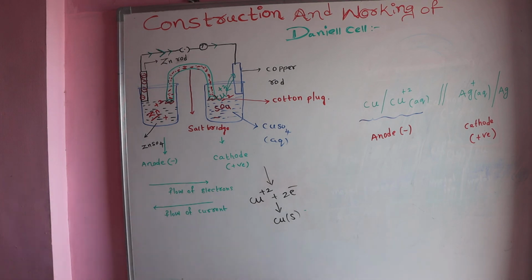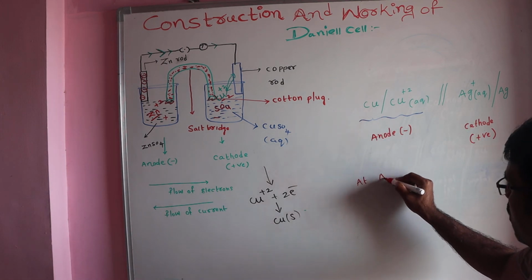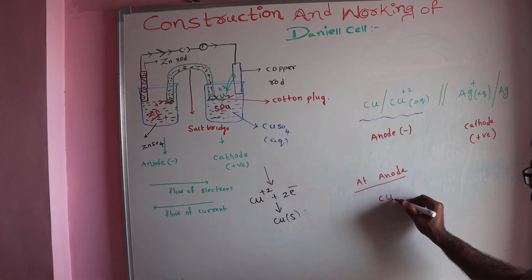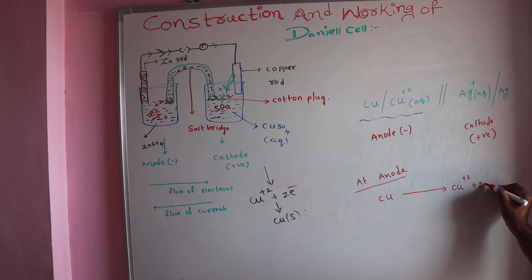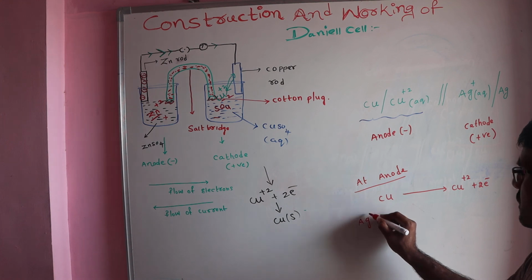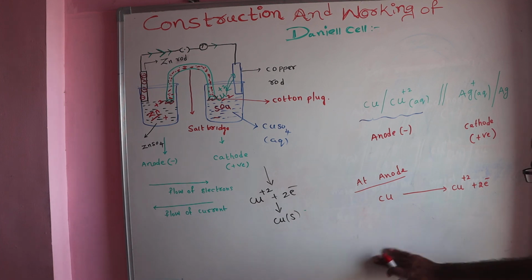Now at the anode, oxidation takes place, meaning copper is converted into copper plus 2 by loss of 2 electrons.